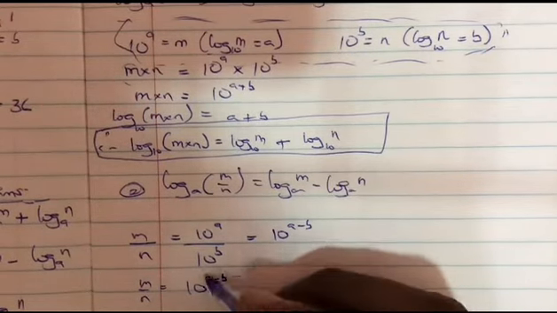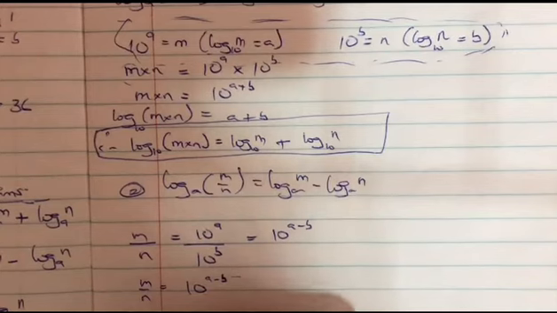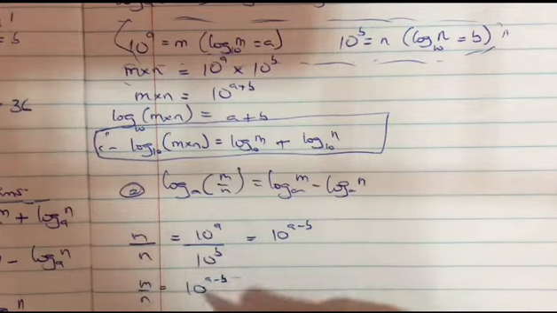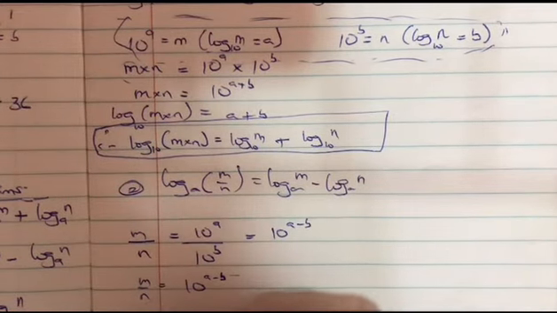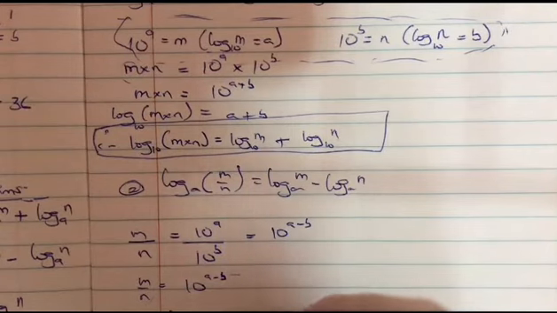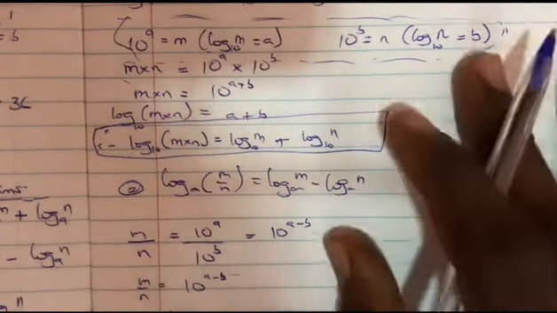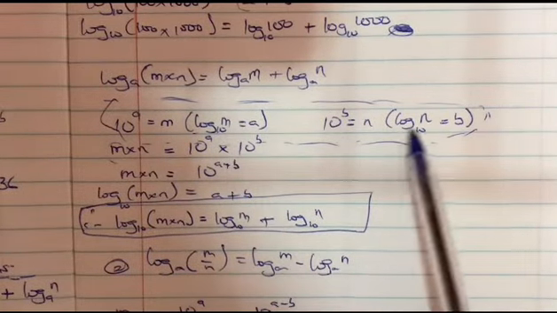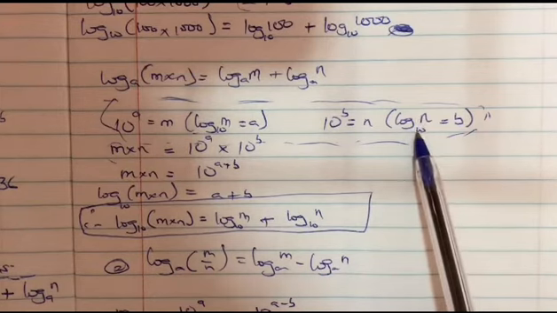Now this is our number, this is our index, this is our base. So I can say that log to the base 10 of m over n is actually equal to a minus b. But what is a? What is b? We already said that a is log m to the base 10 and b is log n to the base 10.